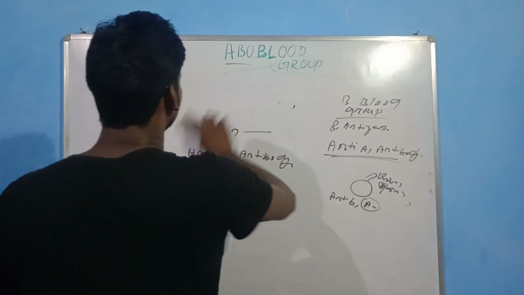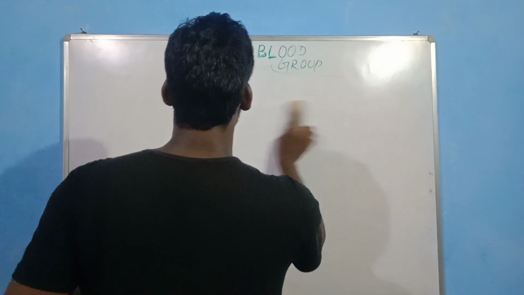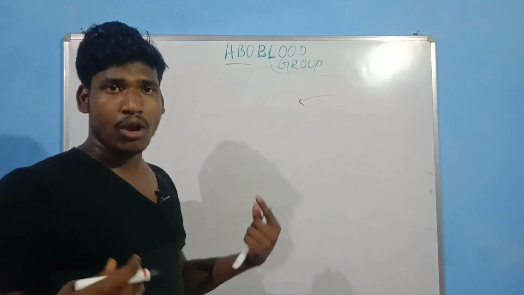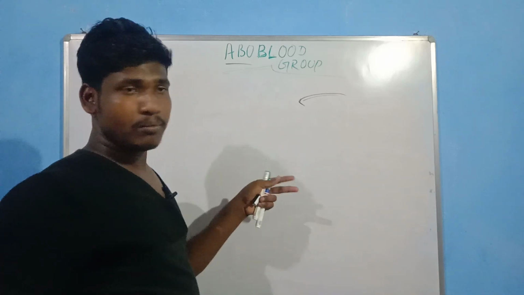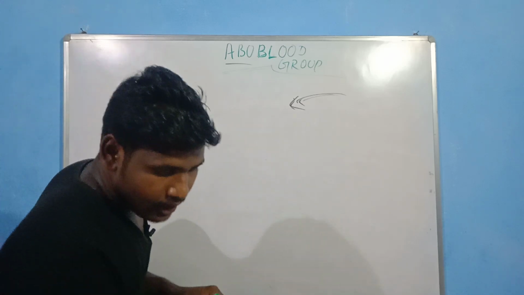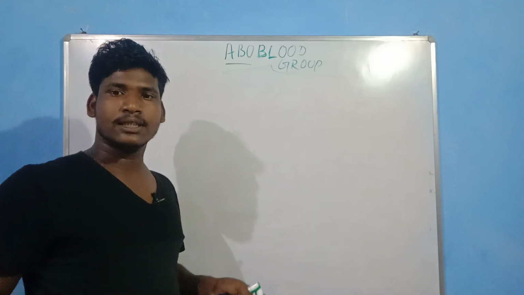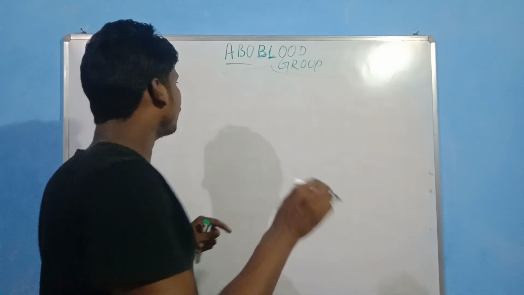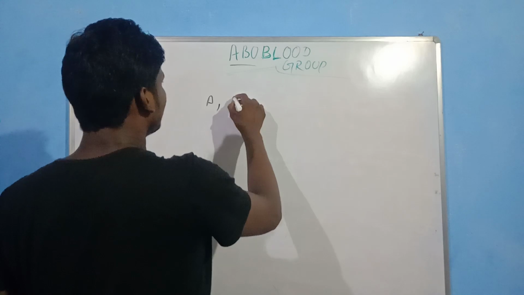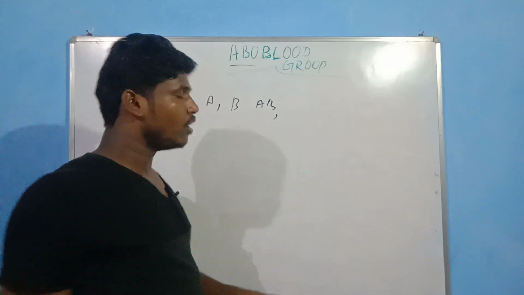So the differentiation arises that the O blood group can give to all blood groups in transfusion. The A blood group can receive from the O blood group, the B blood group can receive from the O blood group, and the AB blood group can receive from the O blood group.